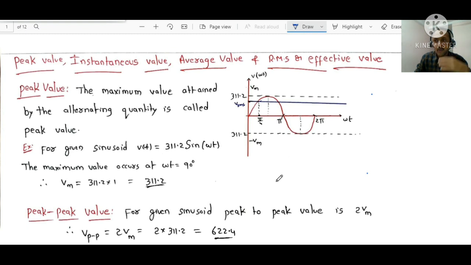Today in this video we are going to discuss the peak value, instantaneous value, average value, and RMS or effective value for a given sinusoidal waveform.